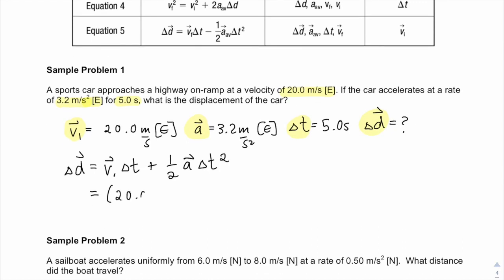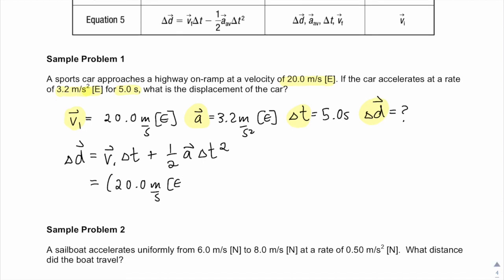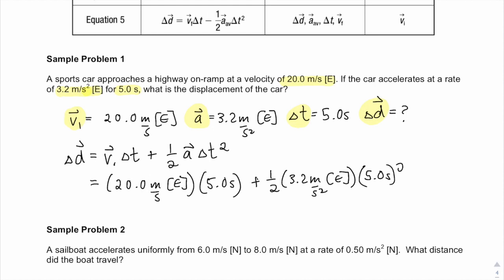So we have 20.0 meters per second east times an elapsed time of 5.0 seconds plus 1/2 acceleration is 3.2 meters per second squared east times 5 seconds squared.